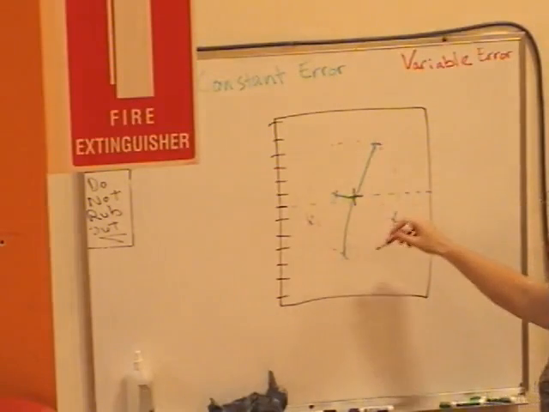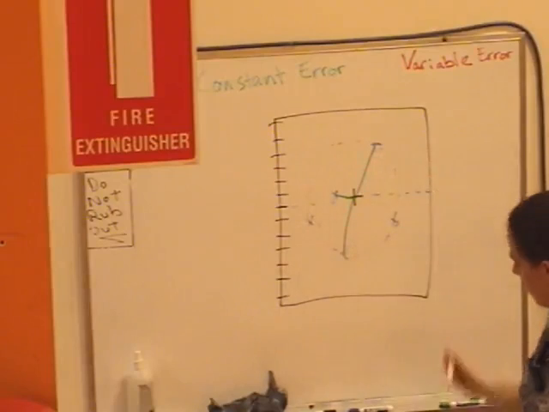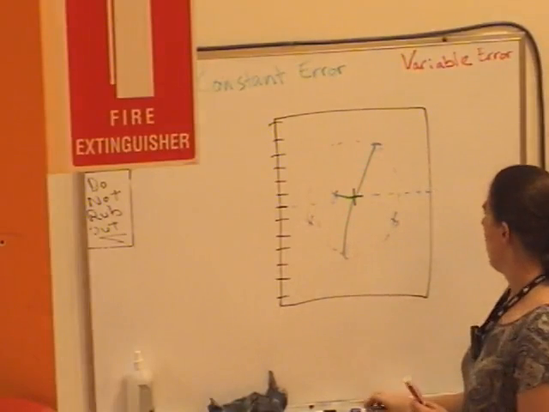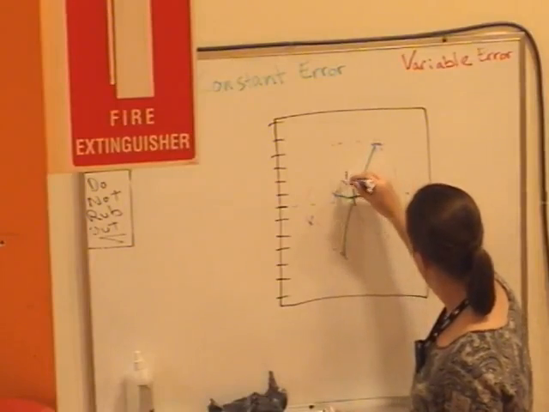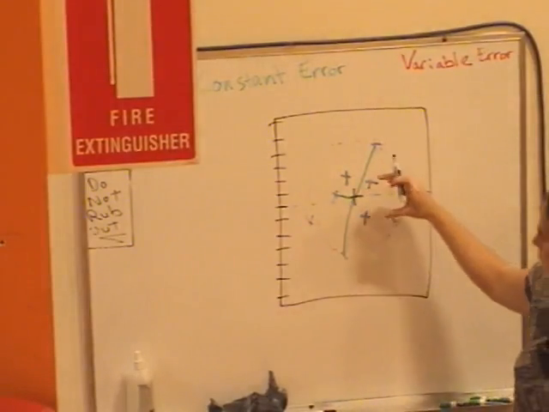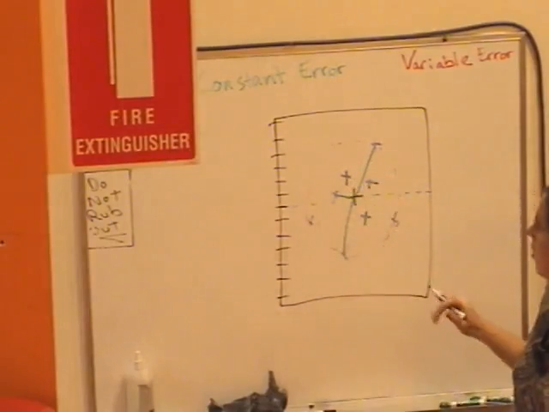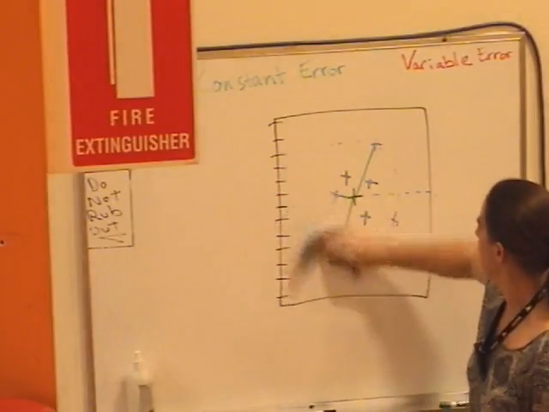So if this is like a variable error of 3, a variable error of 2, you're going to have the spots clustered in much closer together. So the smaller the variable error, the closer they are together. But it doesn't necessarily mean that it's very close to the target.